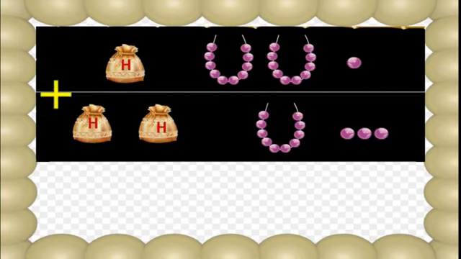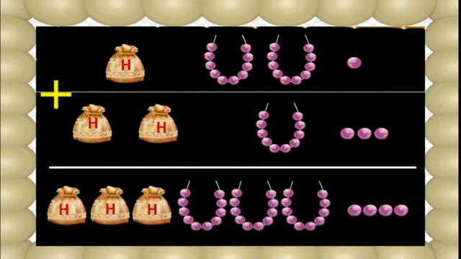Now we will add them. Now you know how many purses together here now? 3 purses we will get and 3 tens and 4 units. See there? 3 purses of 100 beads and 3 tens and 4 units. Got that?